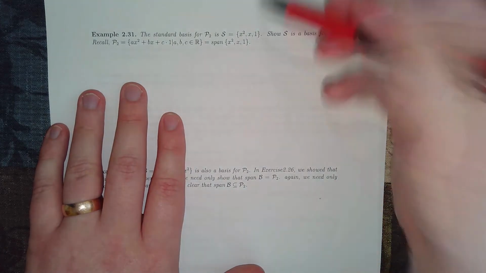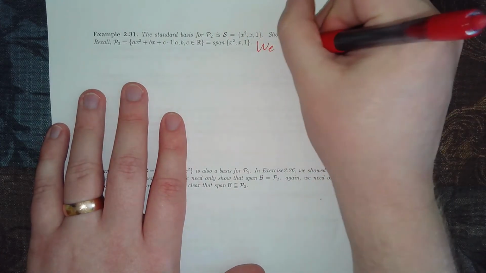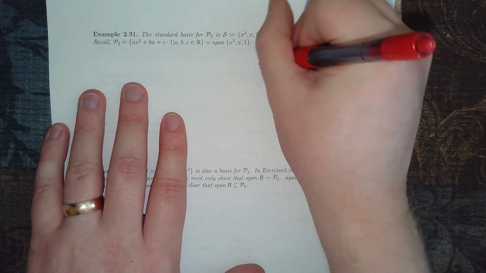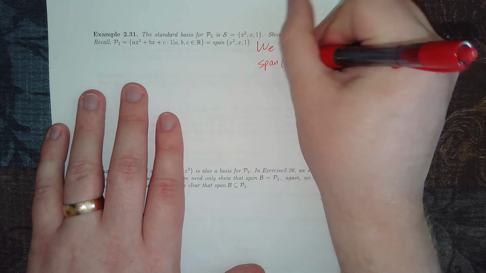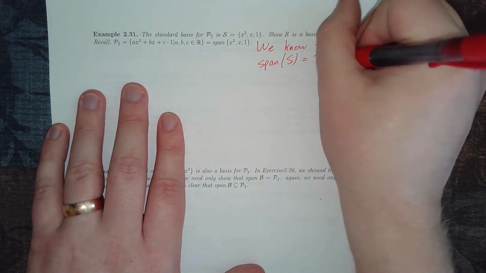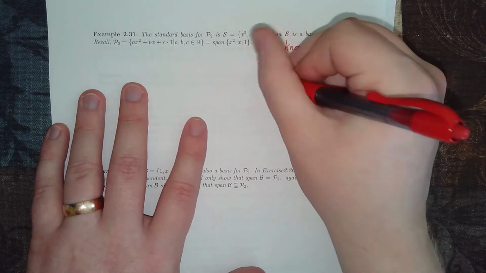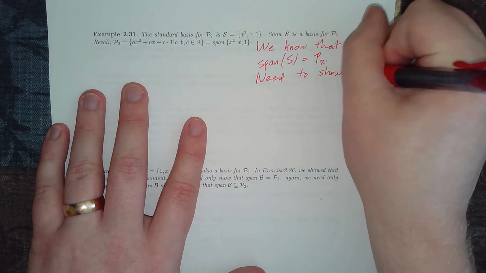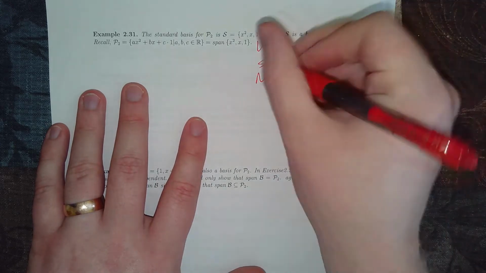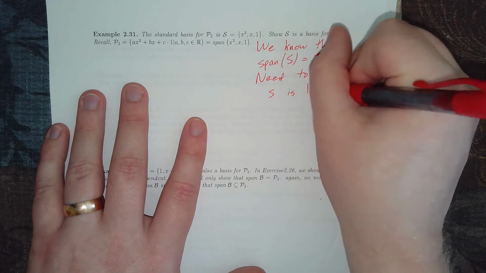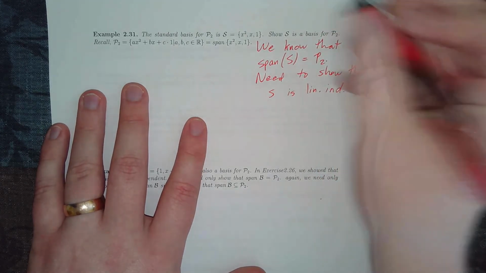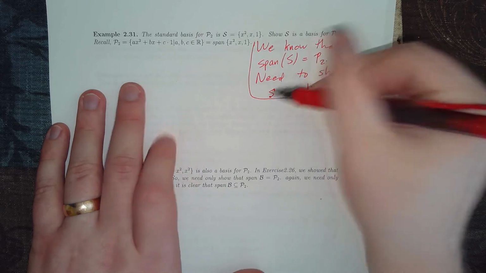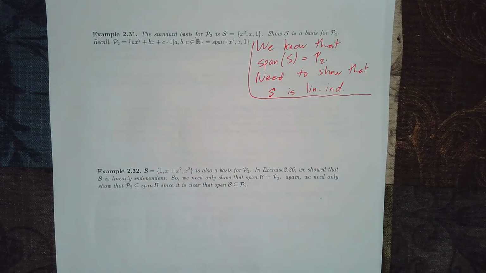So just to summarize, we know that the span of S equals P2. So we did that part already. We need to show that S is linearly independent. And if we've done that, then we'll have done the two things necessary to show that this is indeed going to be a basis.